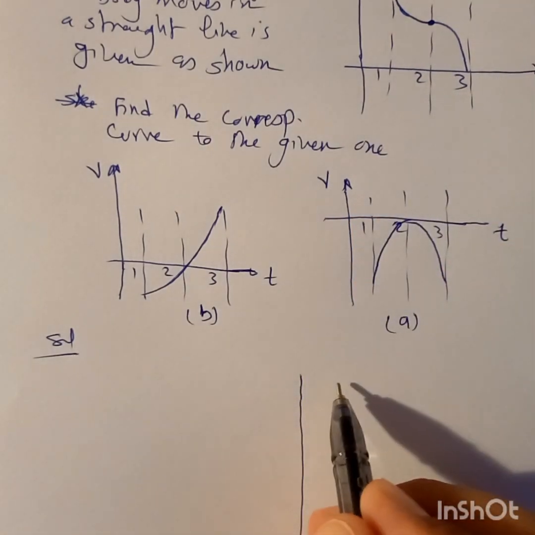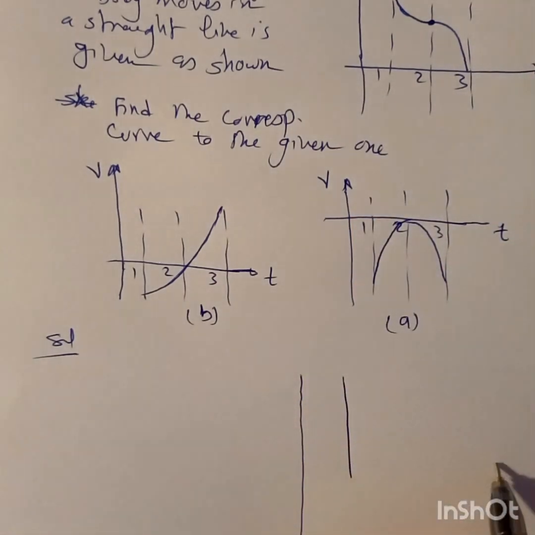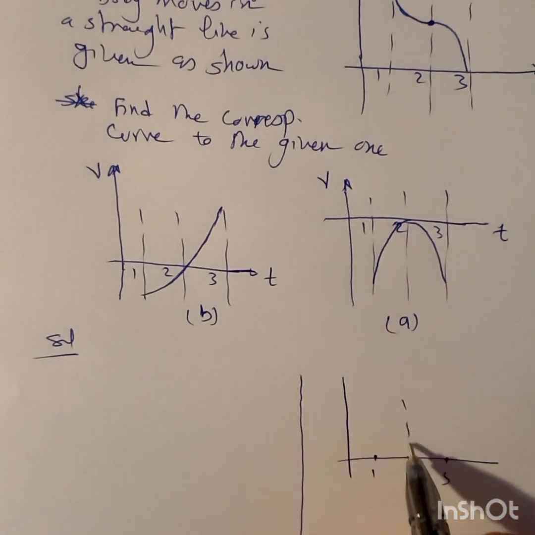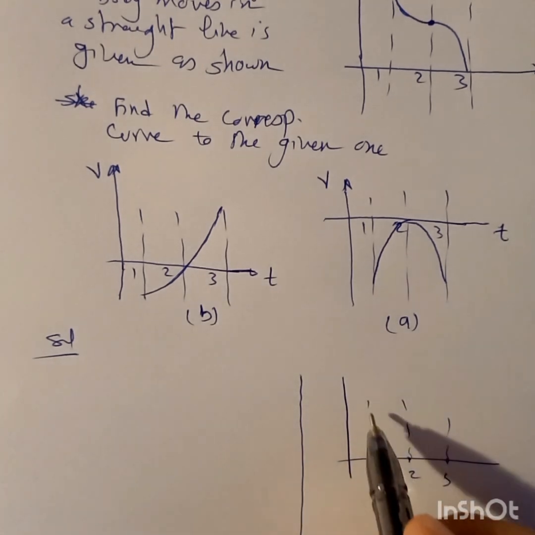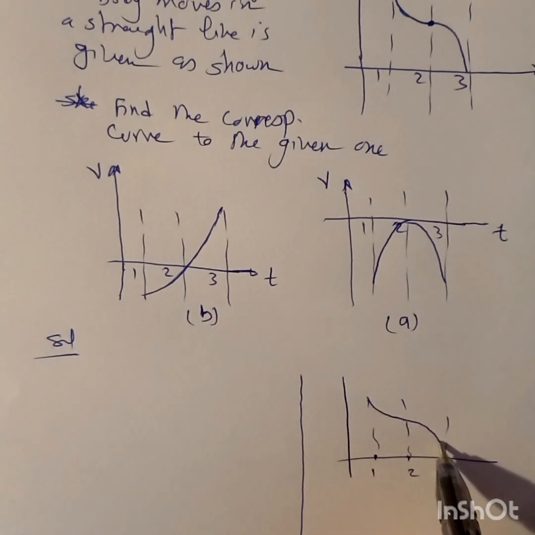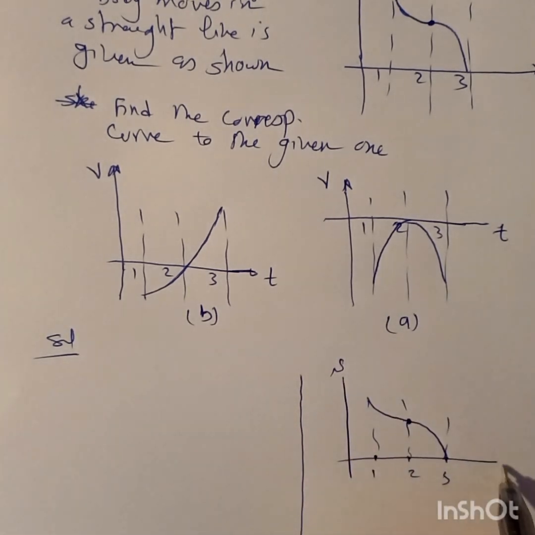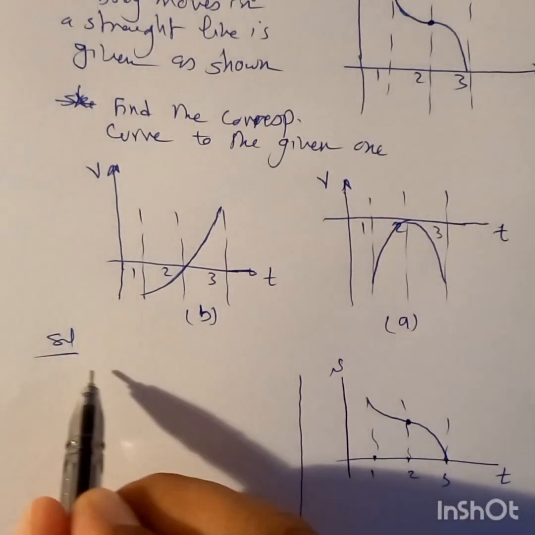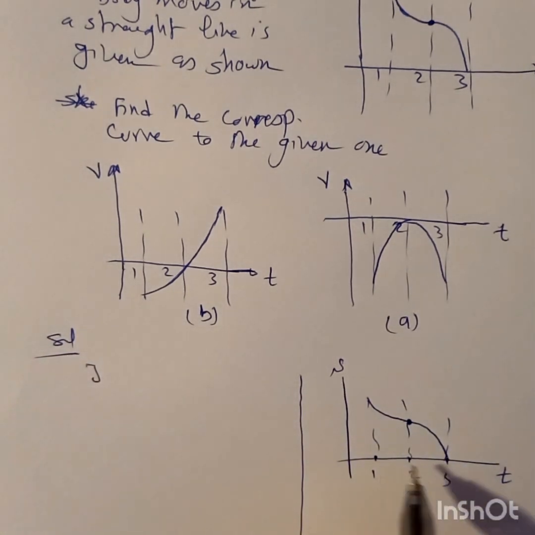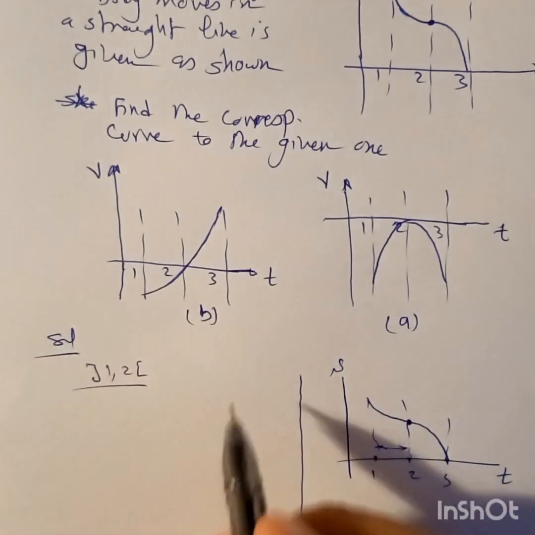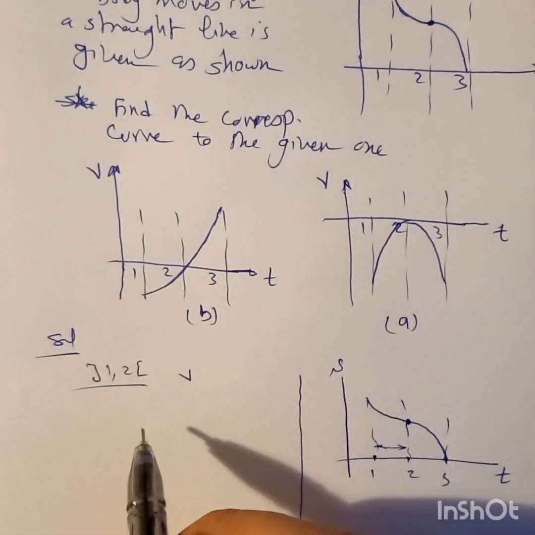Then we have to study first the given one. For this one we have this given curve. Here 1, 2, 3, and we have these two intervals. For this one we have a relation between s and time. For the time interval from 1 to 2, we have to find the velocity sign.